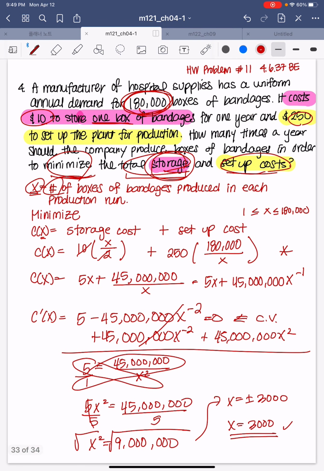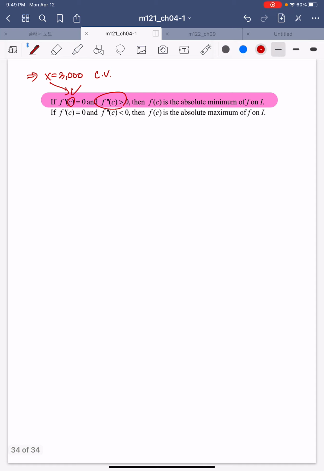Our first derivative function is this one here. So let me put it here. C prime of x was 5 minus 45 million x to the negative 2.